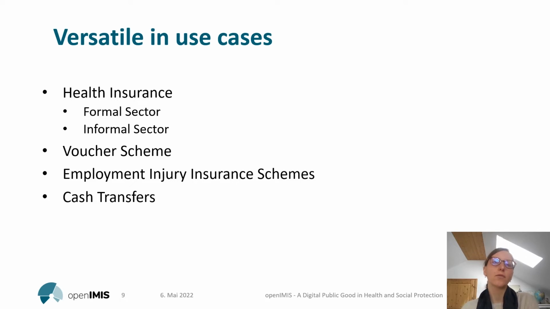You have voucher schemes in the health context, and it could also be applied to other contexts. And you have employment injury insurance schemes, as well as cash transfer schemes. And with these two, you see the expansion into social protection schemes.